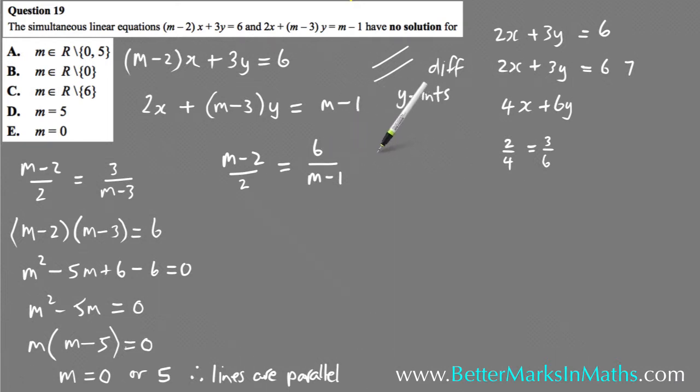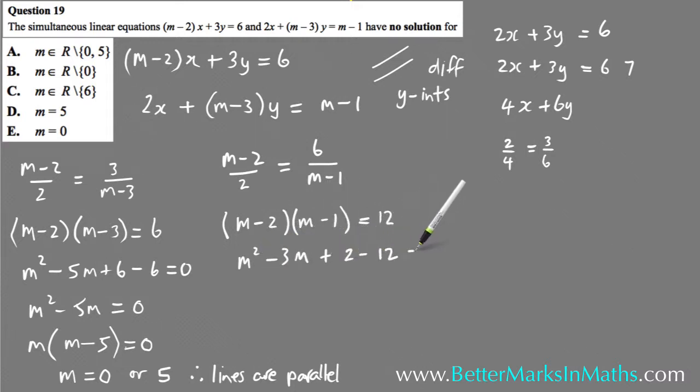So working that out: (m minus 2)(m minus 1) is equal to 2 times 6, which is 12. Expanding that out, m squared minus 3m plus 2, and then minus 12 equals 0. So m squared minus 3m minus 10 equals 0.